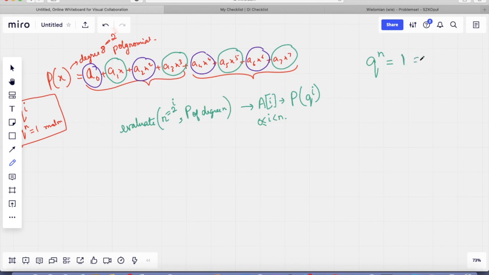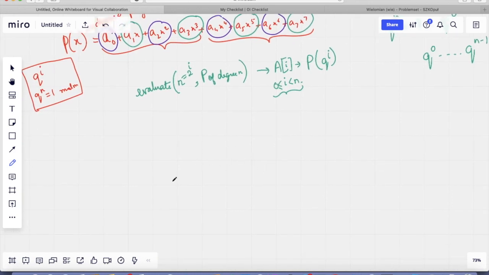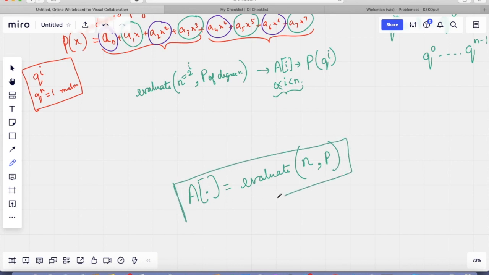So it is equal to 1, which is the same as q^0. So effectively we are calculating q^0 till q^(n-1). So our final answer is just the array A when we call evaluate with whatever n we are given and whatever P we are given. This is the final array that we want to achieve.